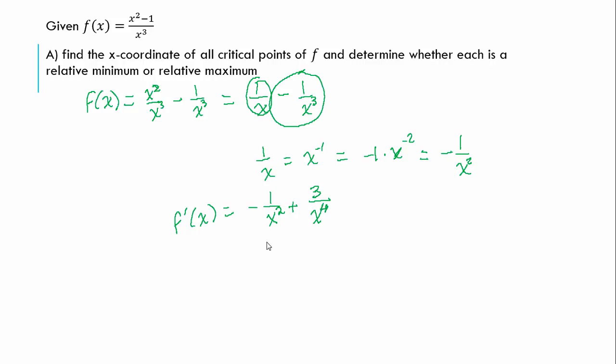Great, and that is the derivative. And we are interested at where the derivative is equal to 0. So this is equal to 0. So we have negative 1 over x squared plus 3 over x to the 4th.